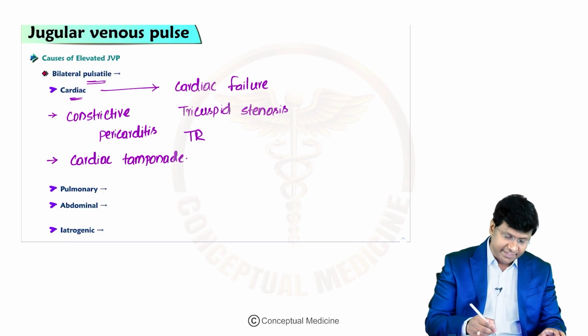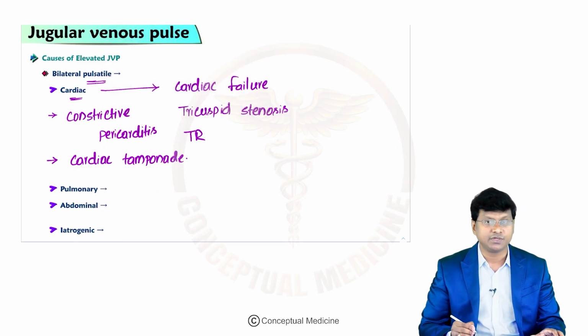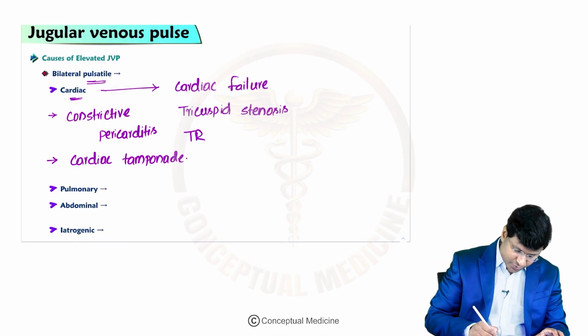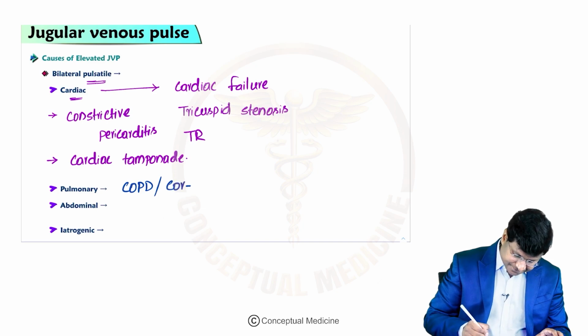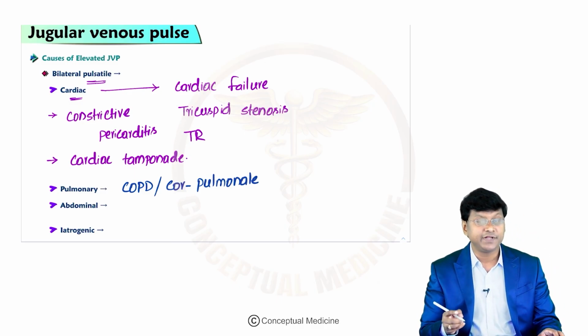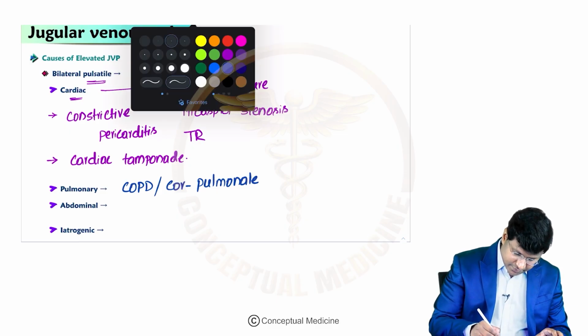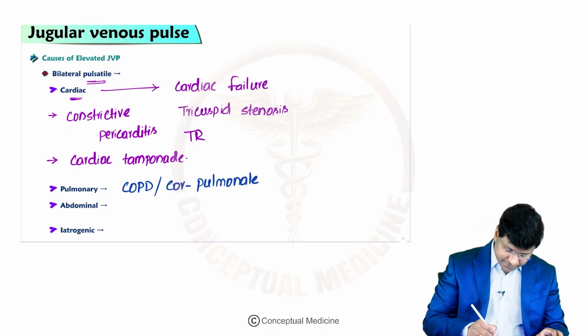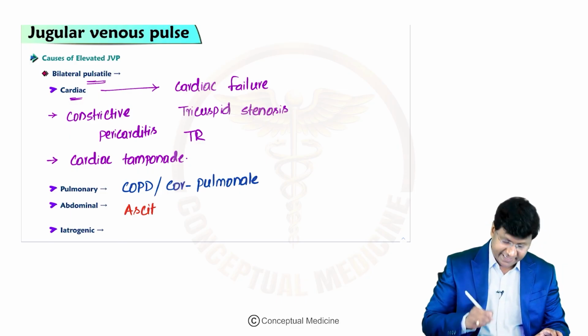And if you take the pulmonary causes of elevated JVP, that includes COPD, that is chronic obstructive pulmonary disease, and then cor pulmonale. And if you take the abdominal causes for pulsatile increase in the JVP, that includes ascites and pregnancy.